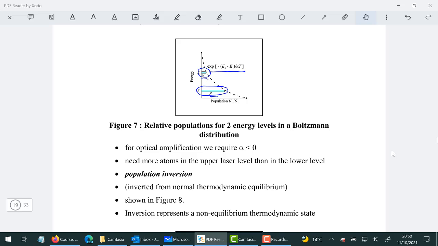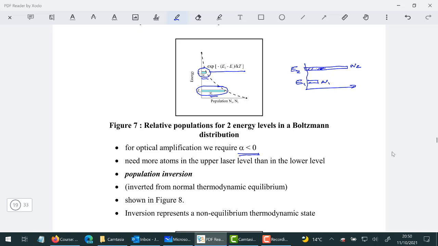For that we need negative absorption, in other words gain, and that means that the populations, instead of being under normal equilibrium, will be inverted. In other words, we have lots of atoms in level 2 and very few atoms in level 1.